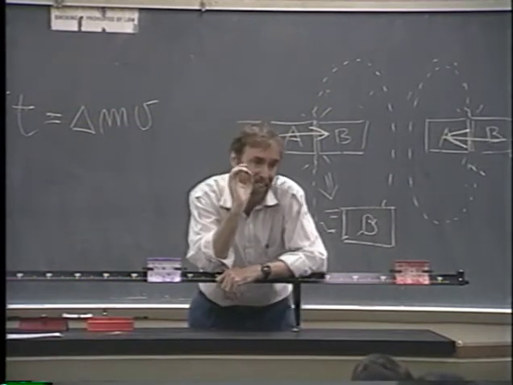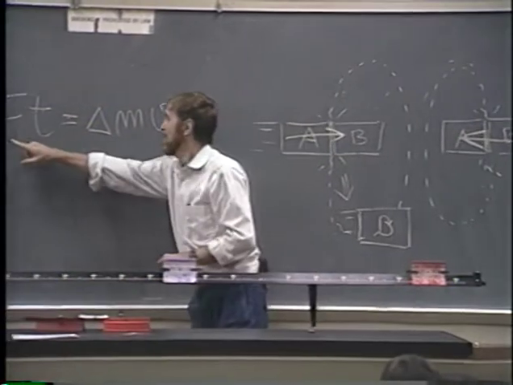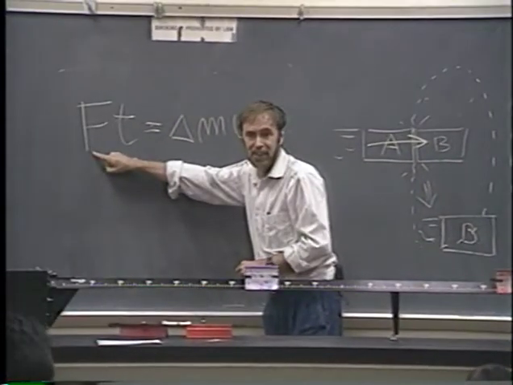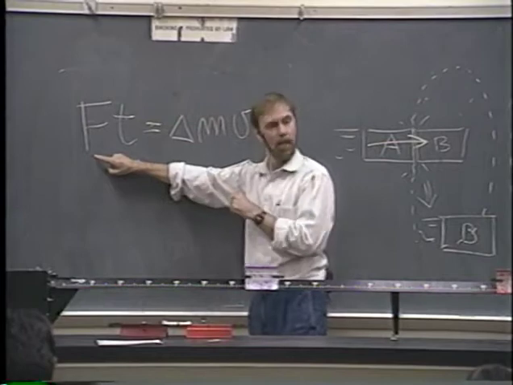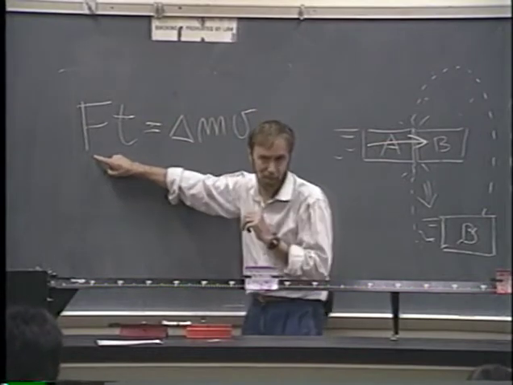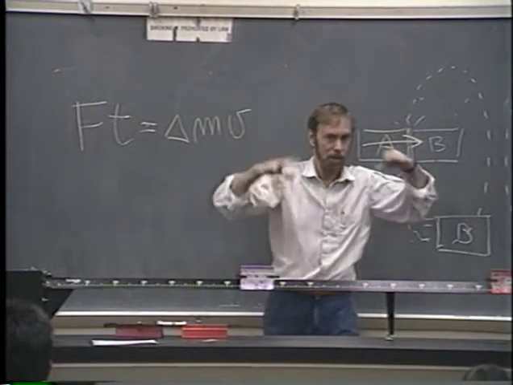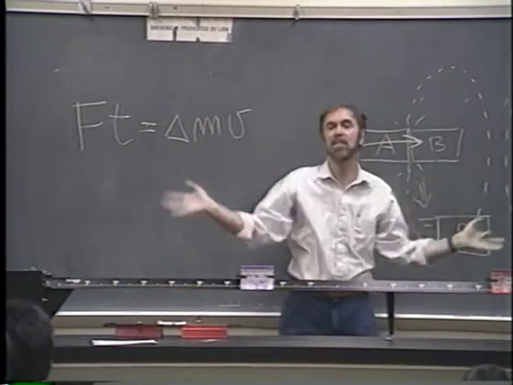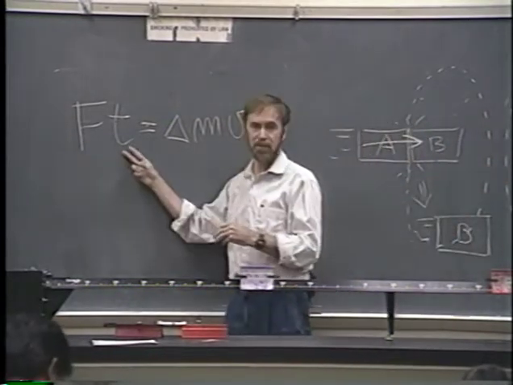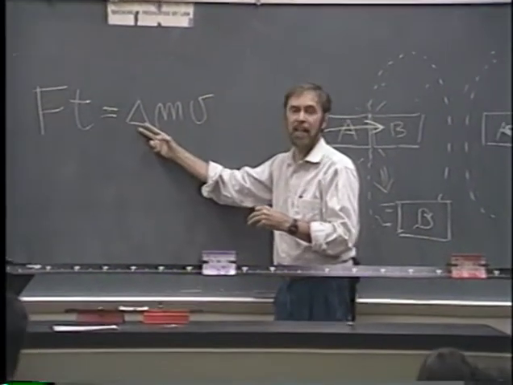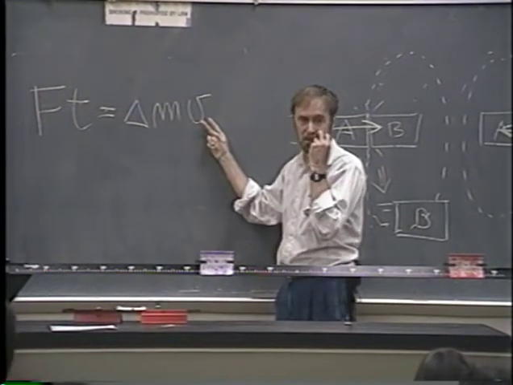And the idea is this. If there's no net force acting on your system, and when you say system, it depends what you mean by a system. I've got 3 systems here. But if I have a system such that the net force is 0, then the impulse is 0. That means the change in momentum is 0.